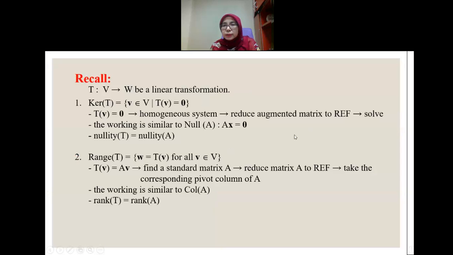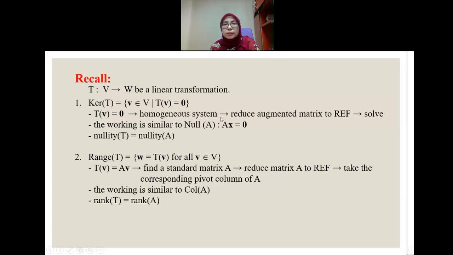Okay, before we start with the inverse of linear transformation, let's recall that we have learned in a previous section about kernel and range. So given T a linear transformation, kernel T is a set. This set, kernel T, is a subset of the domain V. First, you should write a homogeneous system, T(v) equals the zero vector.